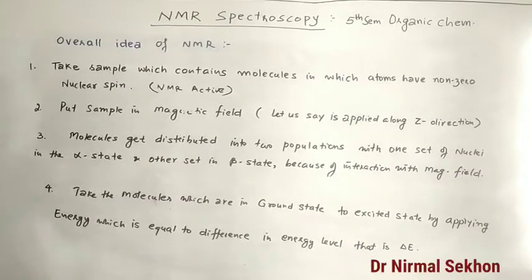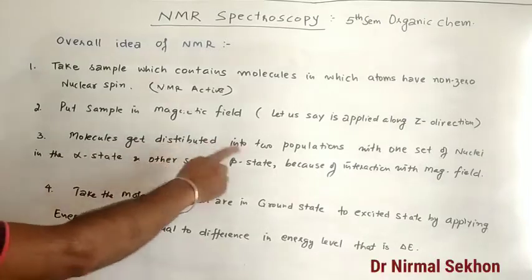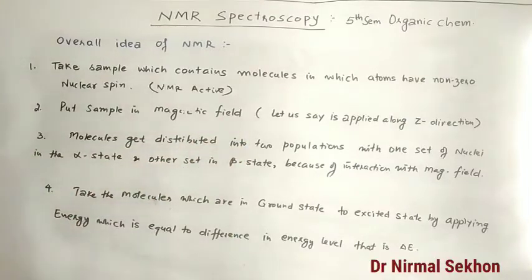And we also calculated the energy of these two states: the alpha state has a negative, lower energy, and the beta state has a positive energy. So molecules get distributed into two groups or two populations, with one set of nuclei in alpha and the other in beta because of the interaction.